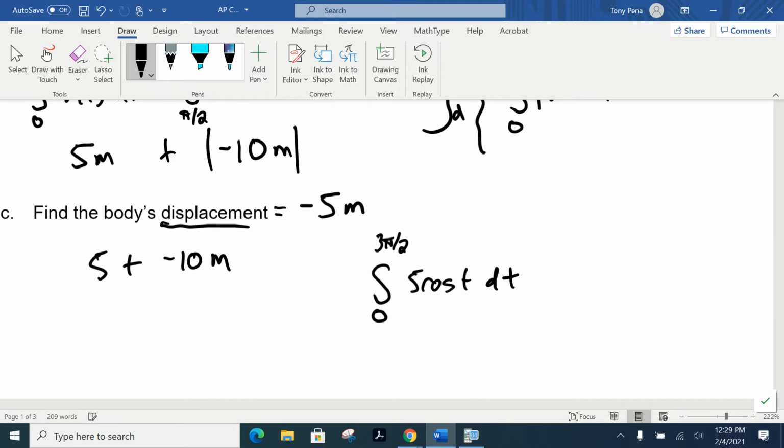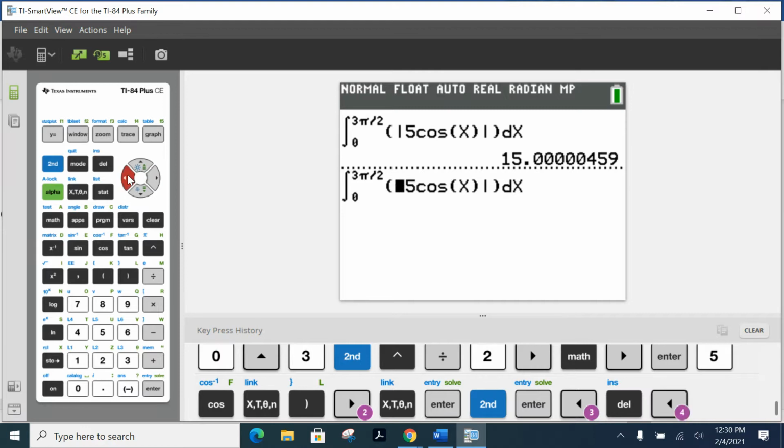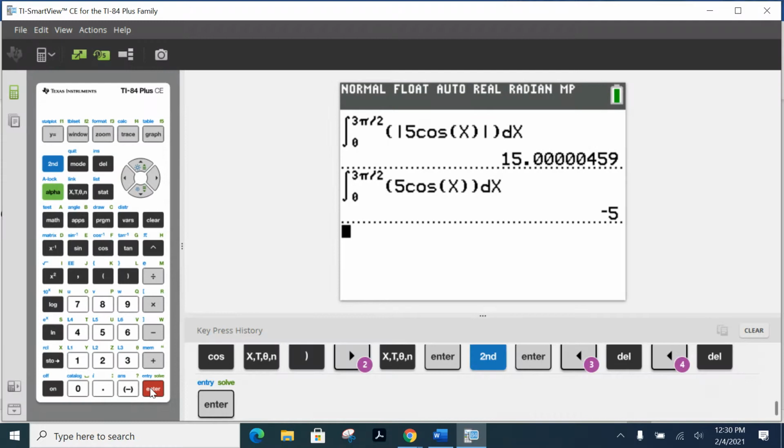So if I now do this without absolute value bars, the same exact thing, I'm not sure if I can delete absolute value bars or not. Let's see. Yep. Hit enter, and that's going to tell us that our displacement is negative 5.